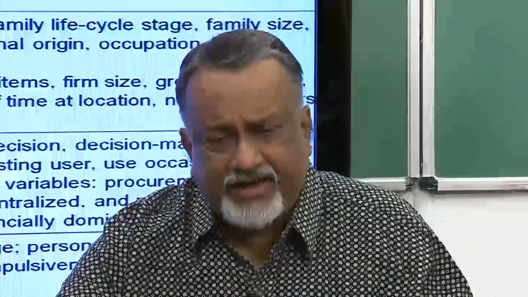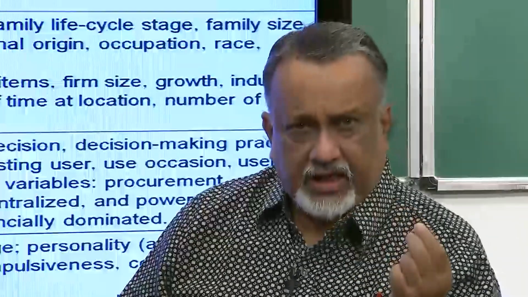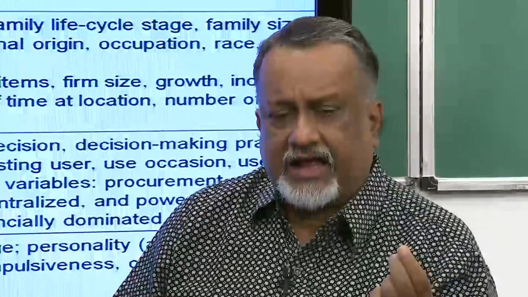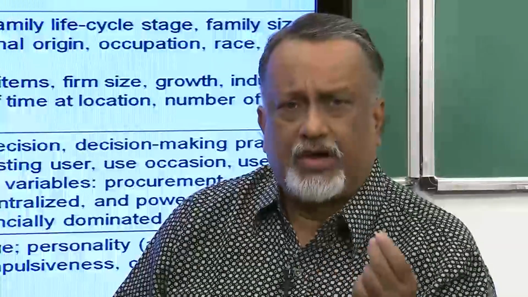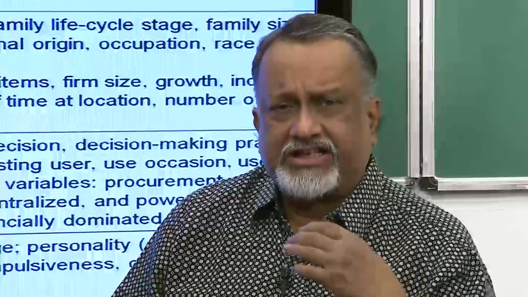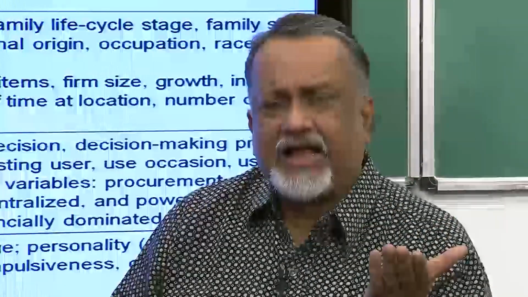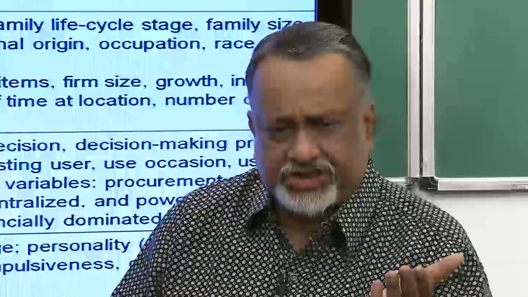In case of behavioral, in case of consumer products, we look at the type of purchase decision, whether it is high involvement, low involvement, whether it is a staple product purchase decision or a shopping product purchase decision or a specialty product purchase decision.